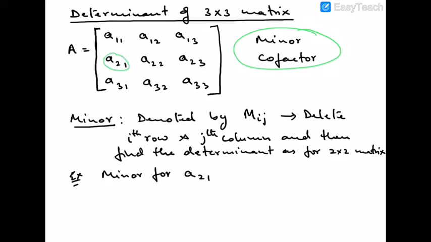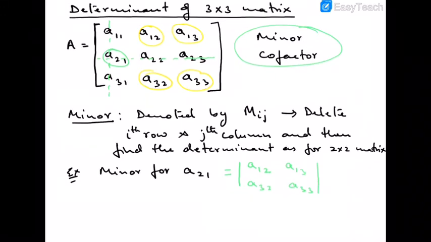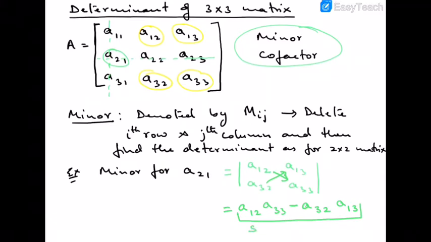So let's first eliminate second row and first column and write down remaining 4 elements, that is a12, a13, a32, a33 in 2 by 2 form, and then cross multiply a12 by a33 minus a32 times a13, which will give us some scalar quantity.